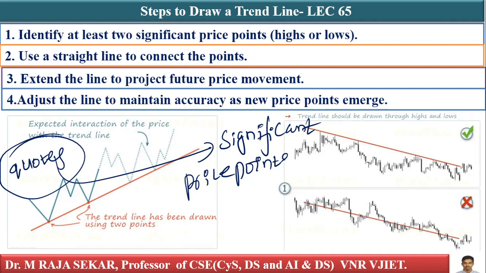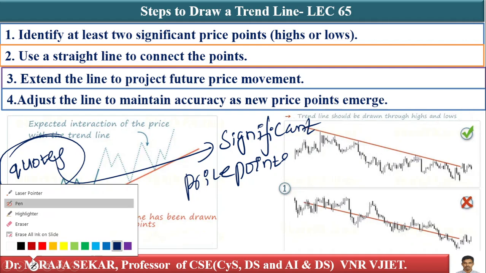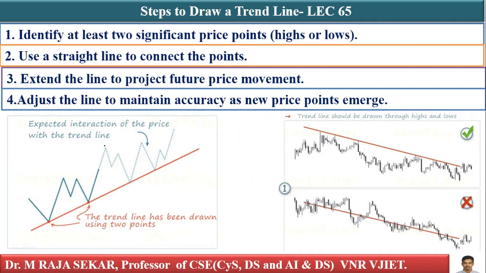If you observe this, that's what we are doing here. This is one quote, this is another quote, and you are drawing a trend line. In a similar manner, I have a quote here, a quote here, and a quote here. I must have at least two points.